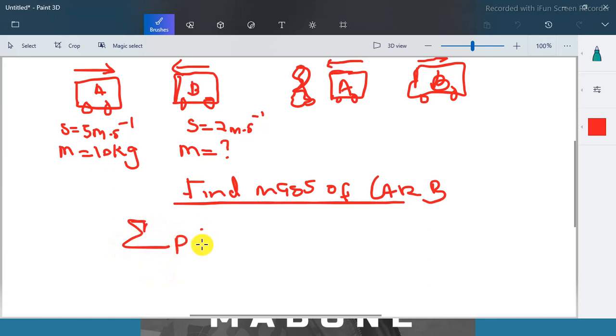P before. This is what you find during sigma notation. It means sum. Sum and total, more or less the same thing. The sum before, or the total before, must be equal to the sum after, or it must be the same as the total after. Right? The total of what? What does P represent? P stands for momentum.